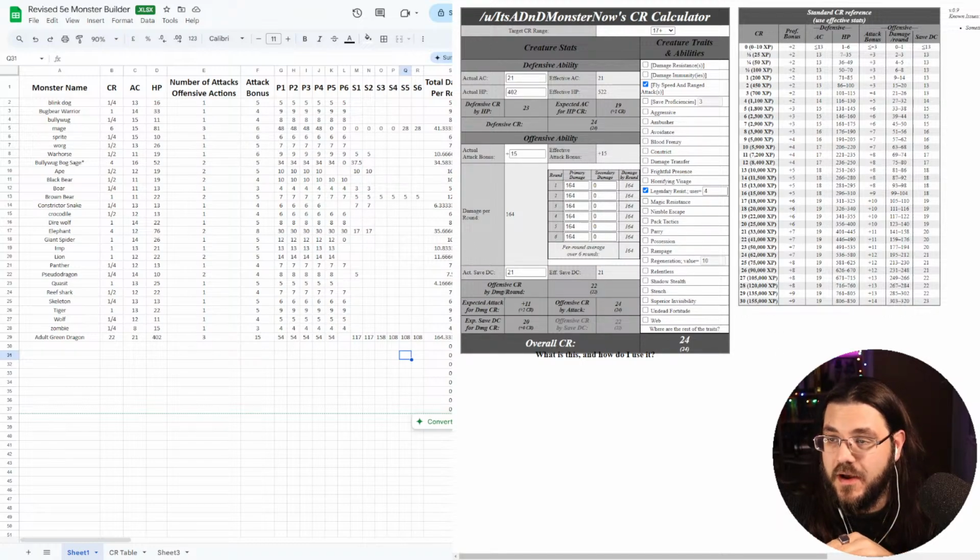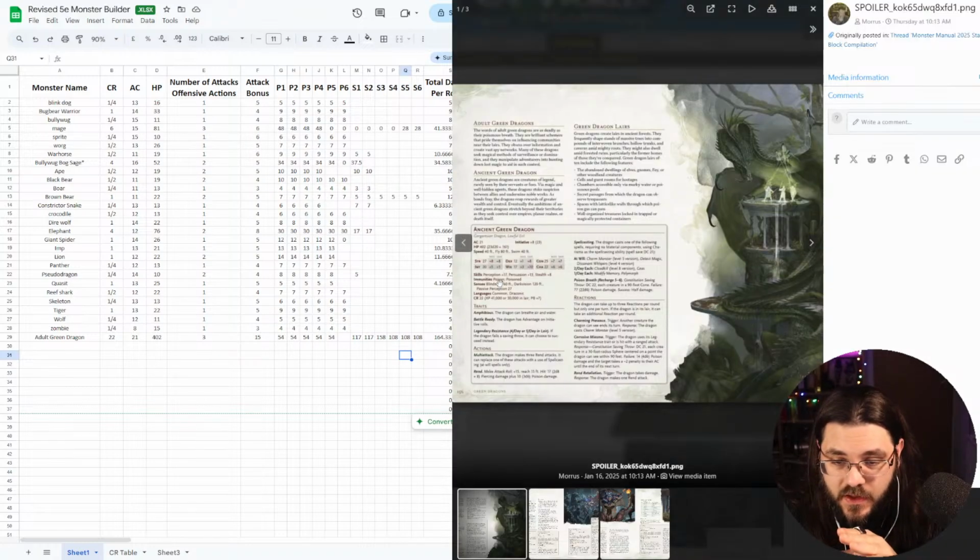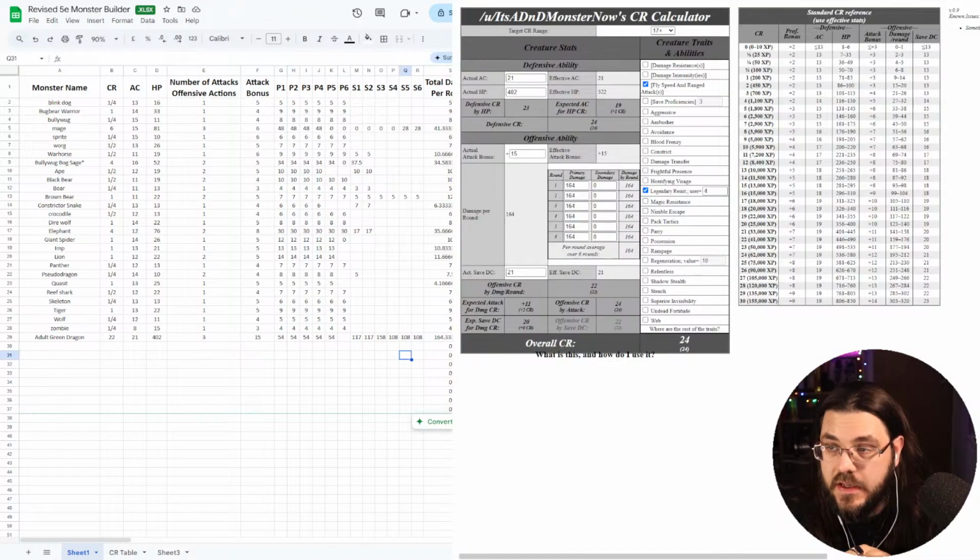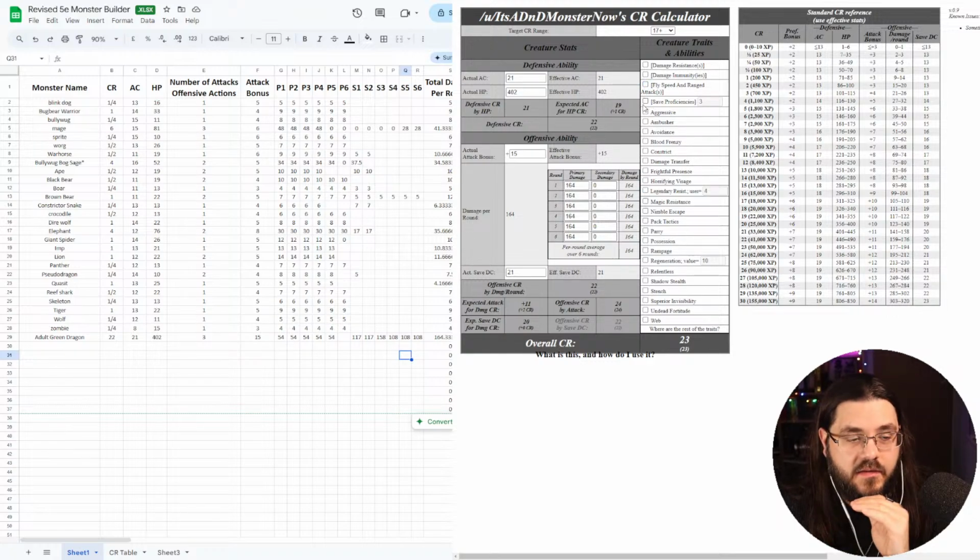Right. So 402. Making that in the old version, the CR would be 24. So if we take off legendary resistances and fly, takes us to 23, which is close. It's not a million miles away.